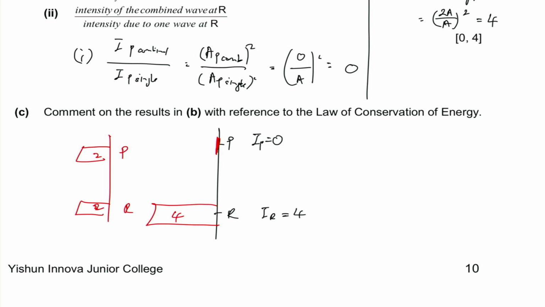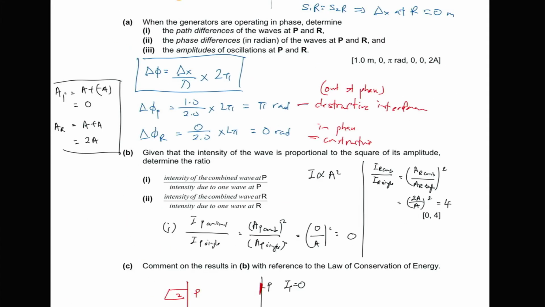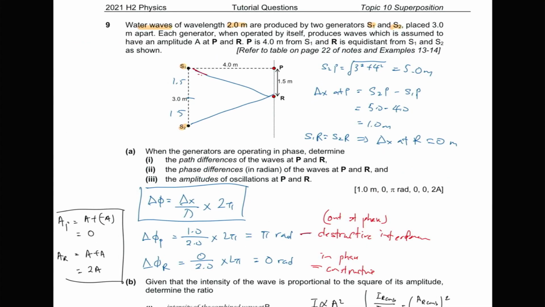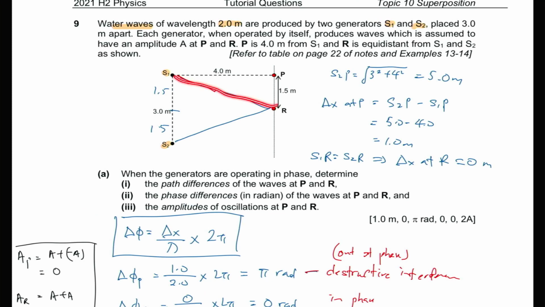Each point on average is getting 2 times the original energy, which makes sense because I have 2 waves incoming here, so if you add them, the energy should be 2 times the original. On average it's 2, which is fine, because right now R is receiving much more and P very little, but if you redistribute it, they get the same amount each.